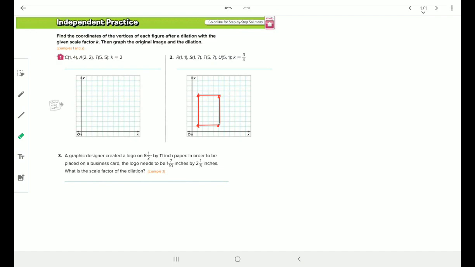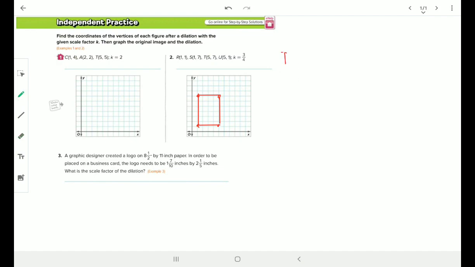On number 2, we have an original image. We have to find the new image, given the scale factor, and then plot those points. Notice I have already graphed the original image, and we're now going to take those points and use the scale factor to find the dilation. Okay?